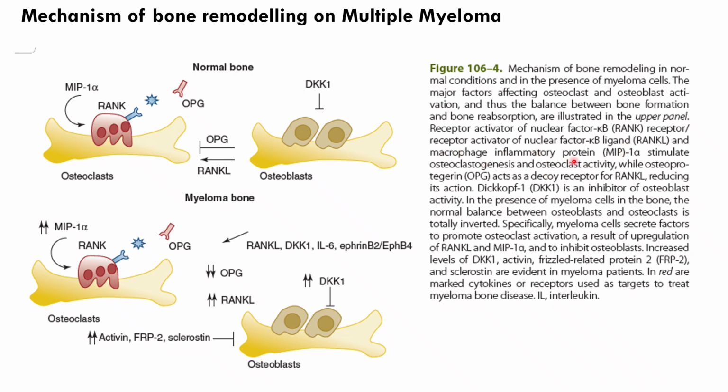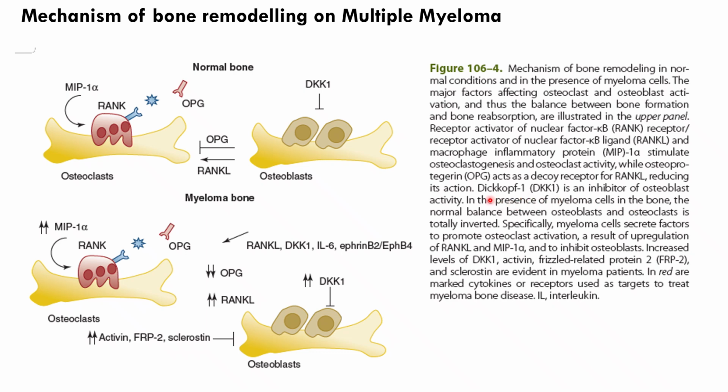Macrophage inflammatory protein 1 alpha stimulates osteoclastogenesis and osteoclast activity, while osteoprotegerin acts as a decoy receptor for RANK ligand, reducing its action. So these are the factors, like RANK ligand and macrophage inflammatory protein 1 alpha, that stimulate osteoclastogenesis and osteoclast activity.